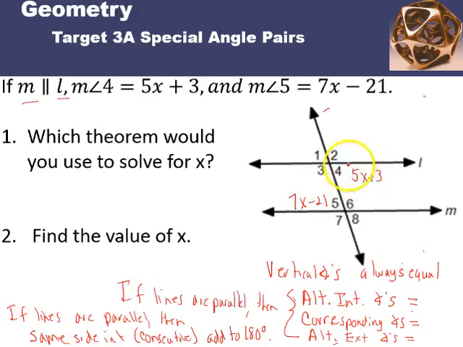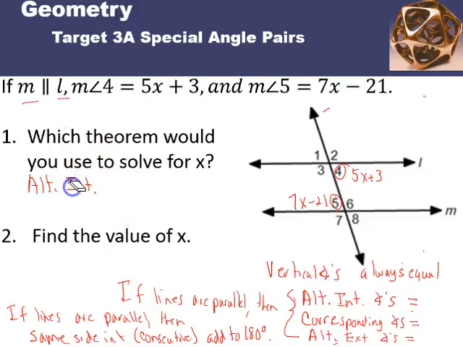And those angles, 4 and 5, notice they're both inside, so they're interior. Now, are they on the same side or on alternate sides? They're on alternate sides, so these are alternate interior. Okay, so it's the alternate interior angles theorem.